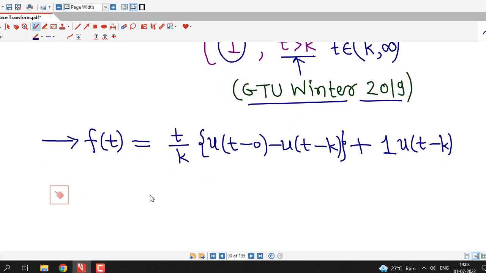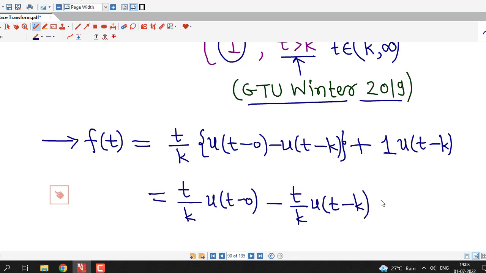Now we simplify this. This we can rewrite as t divided by k, unit step function at 0, minus t divided by k, unit step function at point k, plus 1 times unit step function at point k.